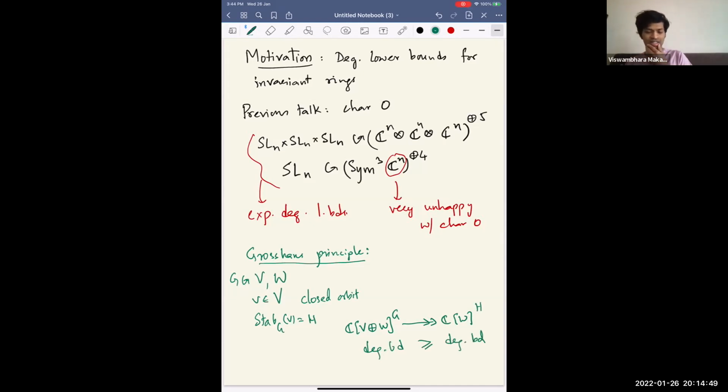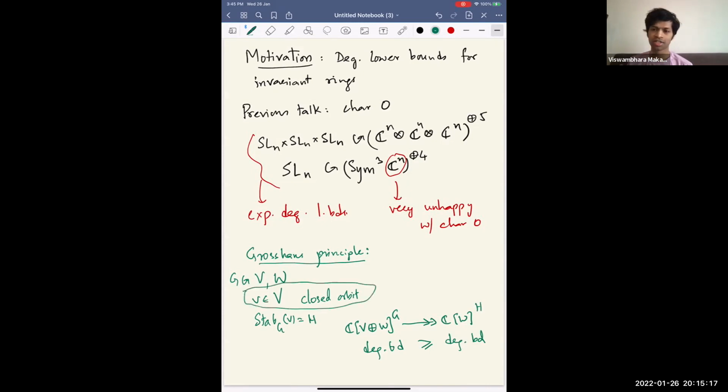Once I had this setup, I rigged it so that on the right hand side, the action of H on W was like a torus action, and the way it acts on W was sufficiently complicated that the monomials that were invariant had to have an exponentially increasing sequence of exponents and so on. I was able to rig it well enough. The one main thing that I needed there was points with closed orbits.